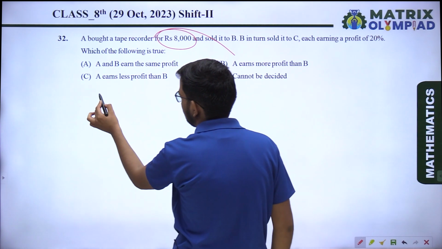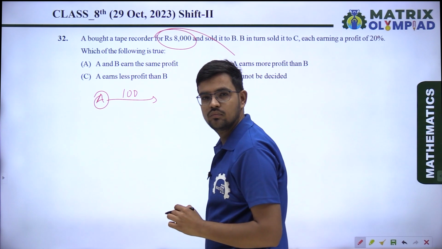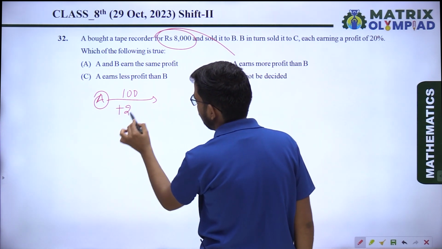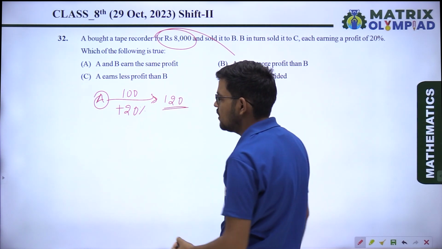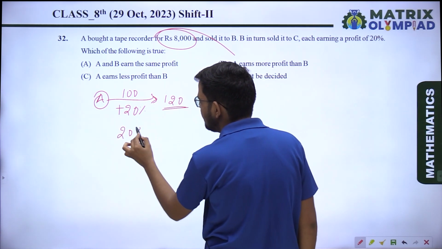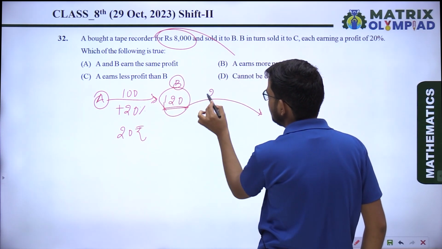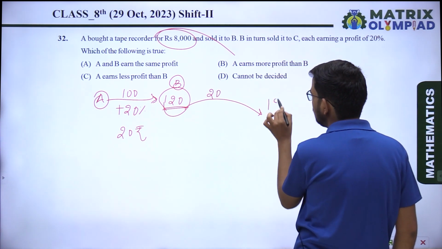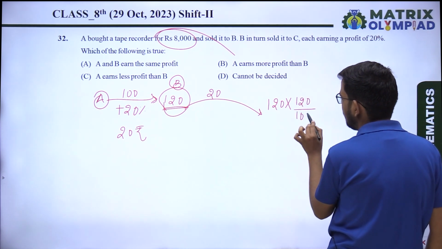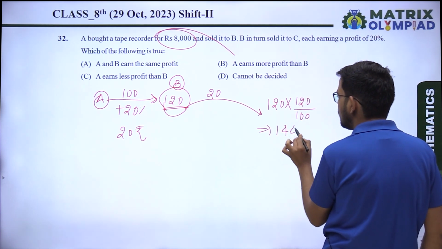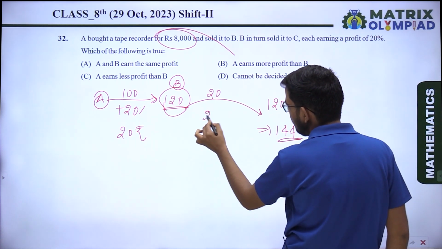Just assume A bought it for 100 rupees and sold at 20% profit. That means he sold it for 120 rupees, so he is earning 20 rupees. And B sold it at 20% profit. So what is the selling price? 120 into 120 upon 100, that is 144. So it means he is earning 24 rupees.